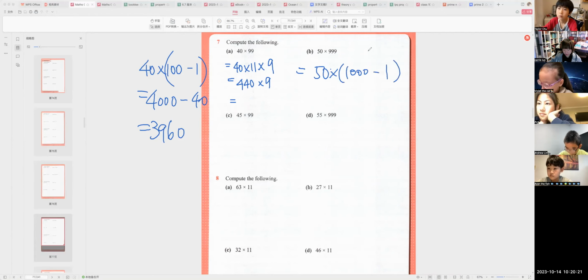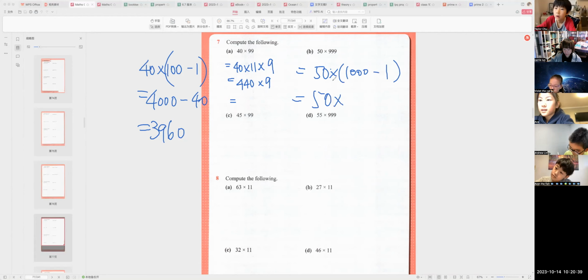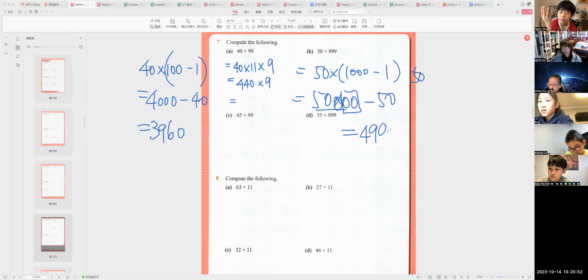Yes, then? 50,000 minus 50. Yes, very good. So equals what? If you don't know how to do it, you just do this one as 49,950. Get it? Very easy.